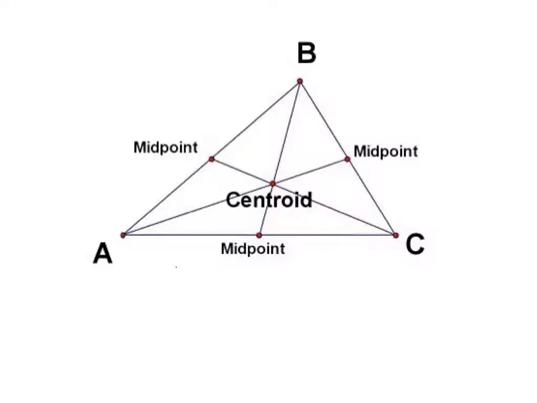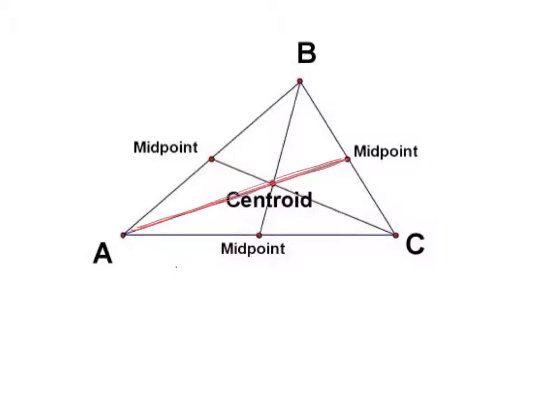So this picture is showing the centroid, which is the intersection of the medians. Now the intersection of the medians does something pretty cool. It splits the median into a ratio of 1 to 2.